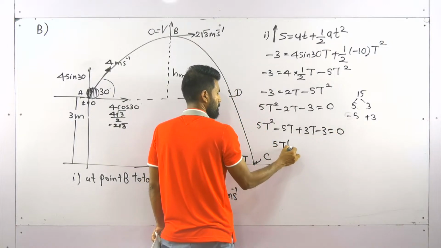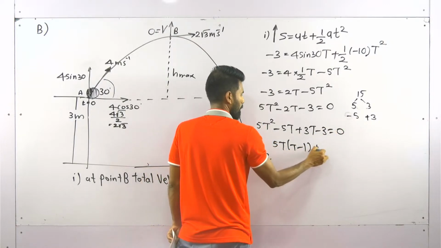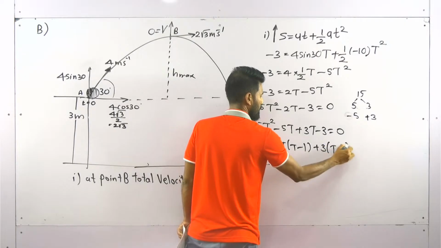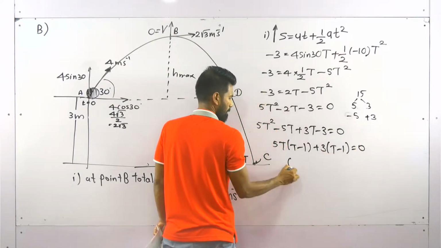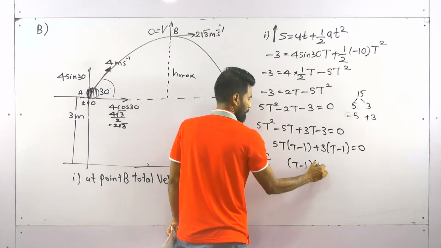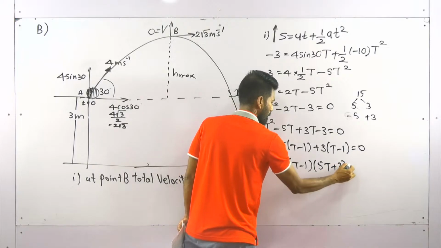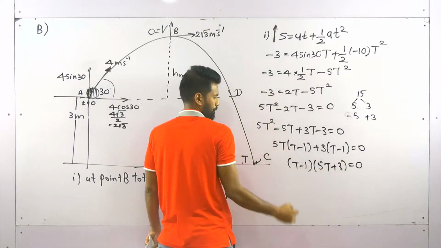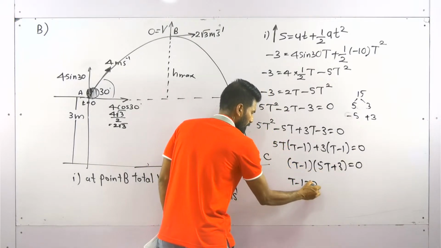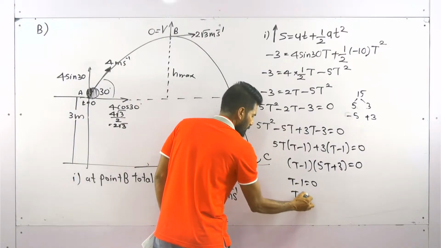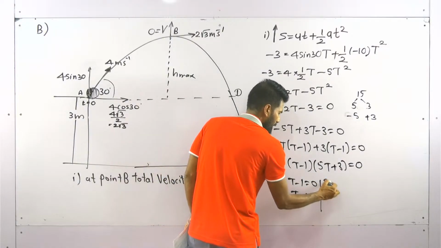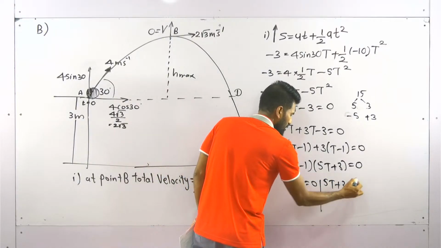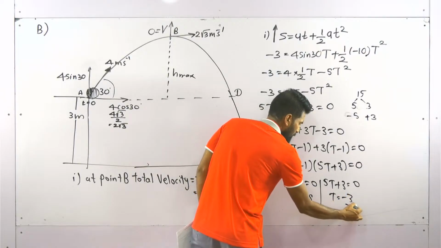Taking 5t out, 5t(t minus 1) plus 3(t minus 1) is 0. (t minus 1)(5t plus 3) is equal to 0. If t minus 1 is 0, t is equal to 1 second. If 5t plus 3 is equal to 0, t is equal to -3/5.